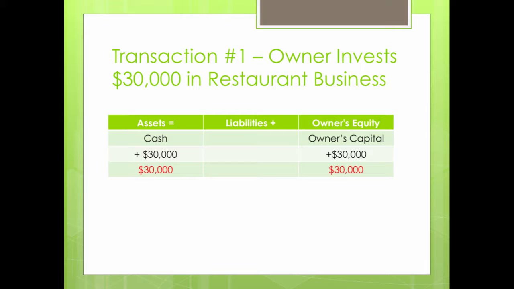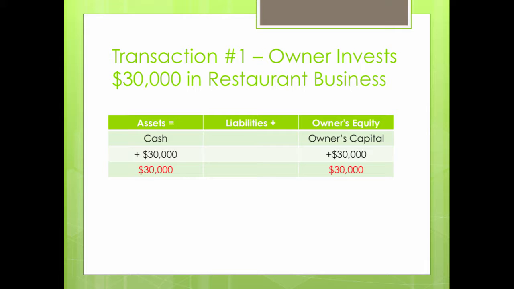So when you record the transaction, you have to impact at least two accounts within the accounting equation. It doesn't matter which equation, whether it's the basic or the expanded equation. You have to impact at least two of the accounts, and the equation must balance after each recorded transaction.